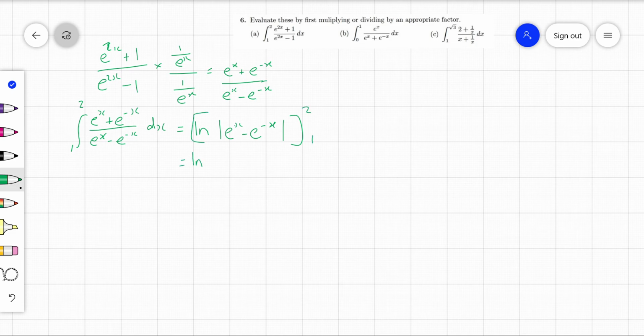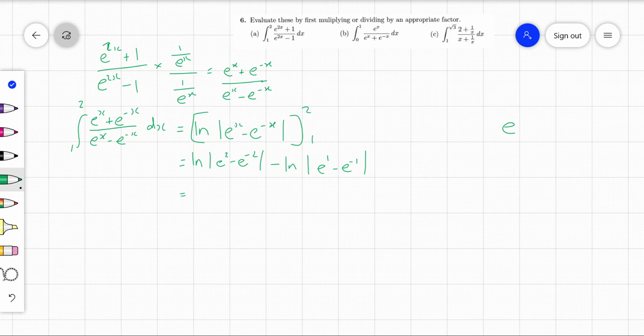So here we've got log of e squared minus e to the minus 2, minus log of e to the 1 minus e to the minus 1. All right, now a couple of things you can do there. So I might do to the side, e squared, so it's got powers of negative.